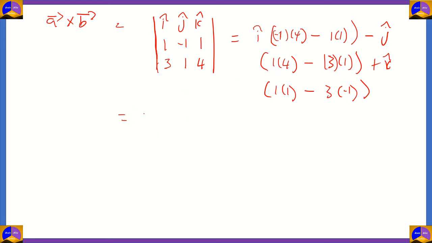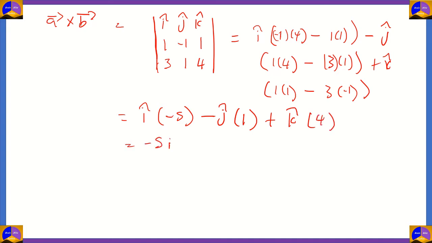The products inside the brackets will be minus 5, 1, and 4 respectively. So now we have minus 5i cap minus j cap plus 4k cap as the cross product of A and B.